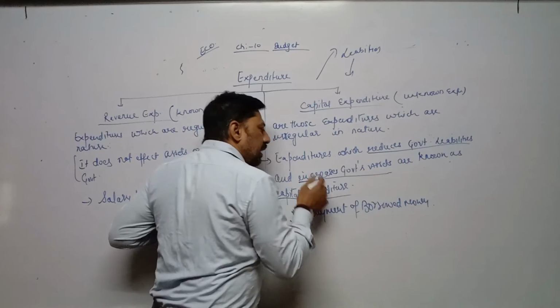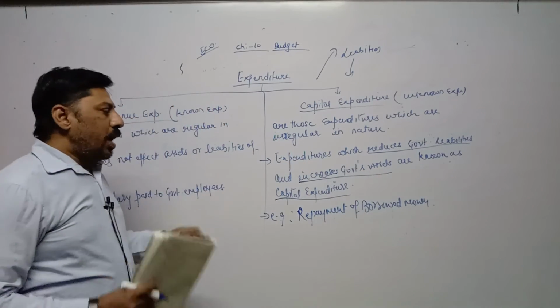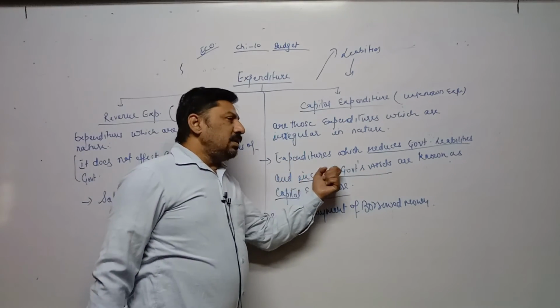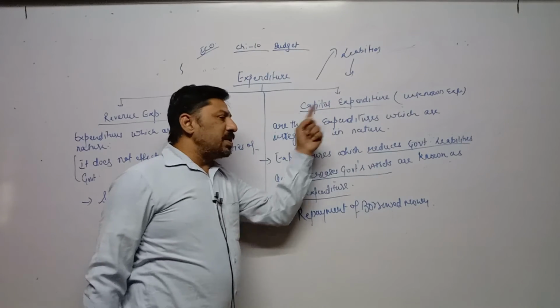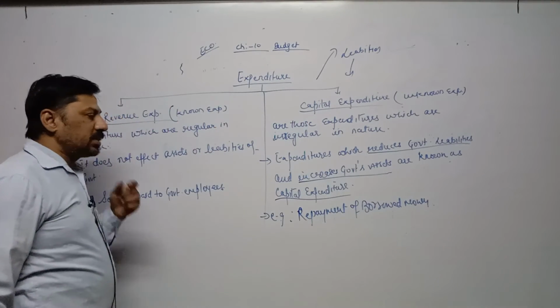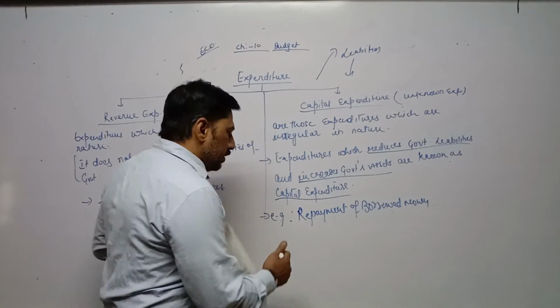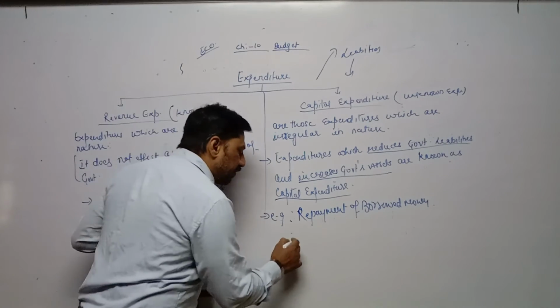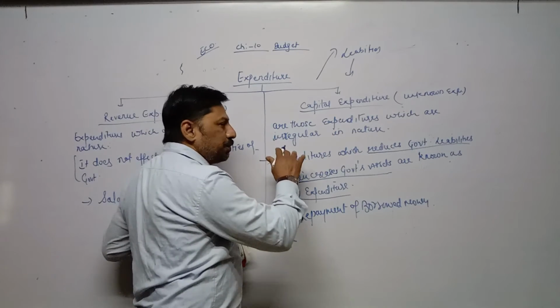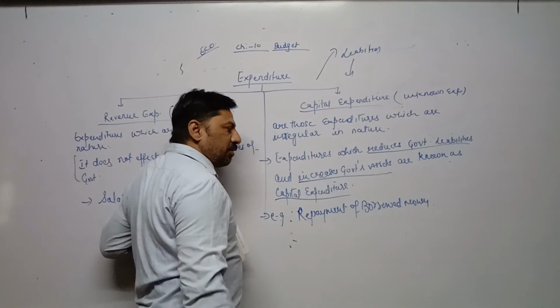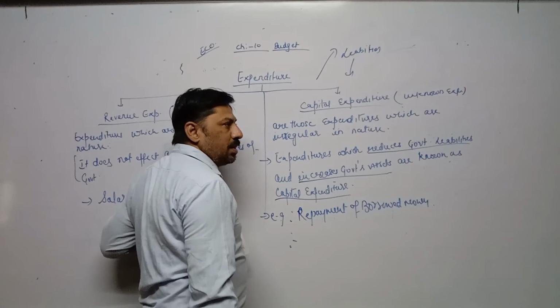Now, increase in government's assets. How does an increase in government's assets become an expenditure? For example, recently the Indian government has purchased Rafale from France. So we are purchasing aircrafts from France, and for this we need to make payment to the French government. It becomes an expenditure.